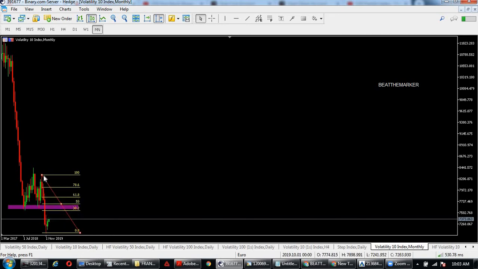So drawing my Fibonacci from swing high to swing low, I would want price to now retrace into this zone.